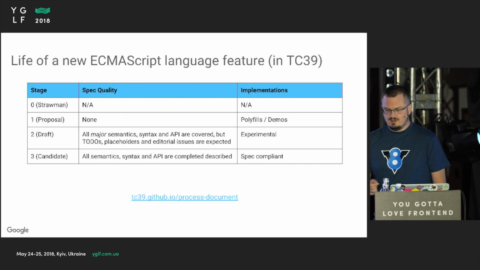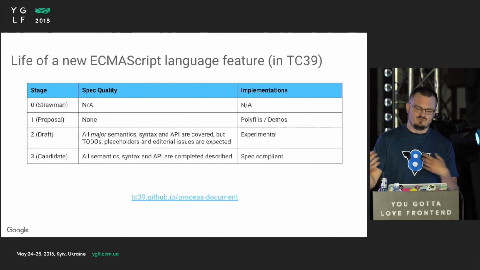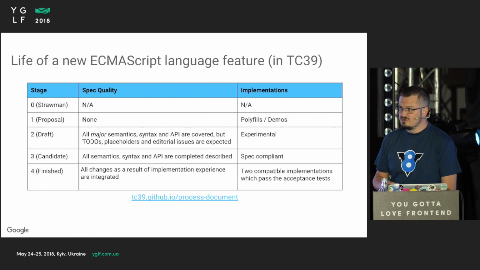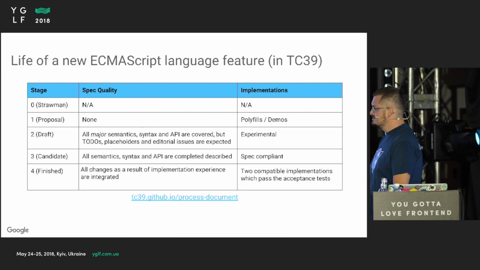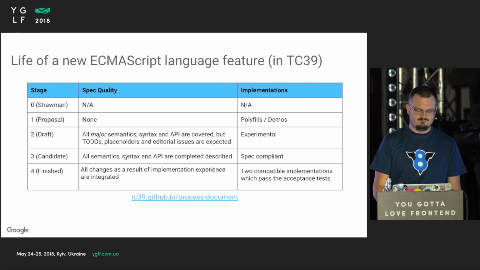Every feature that reaches stage 3 is considered a candidate for the language, and that's when we get into the equation and start implementing this in the browsers. And once there are 2 compatible implementations, which currently means there are 2 browsers that ship it, it's stage 4 and considered part of the language now.